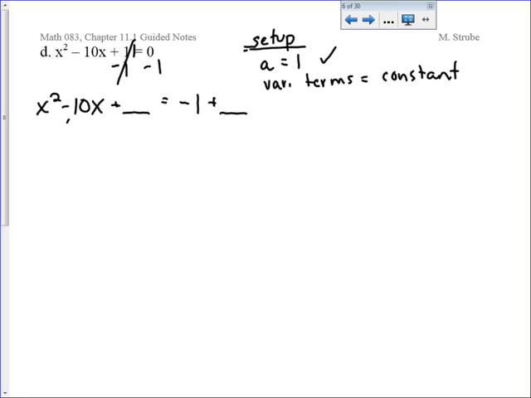So take your b, divide it by 2, get a negative 5, and then square it, which gives me 25. So 25 completes the square, and if I add it on one side, to keep balance, I've got to add 25 to the other side.